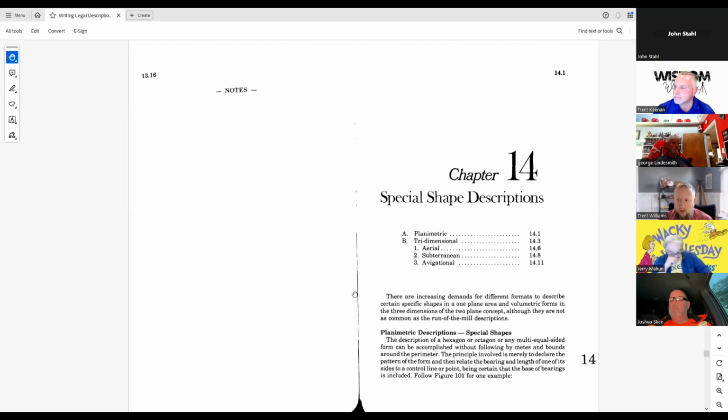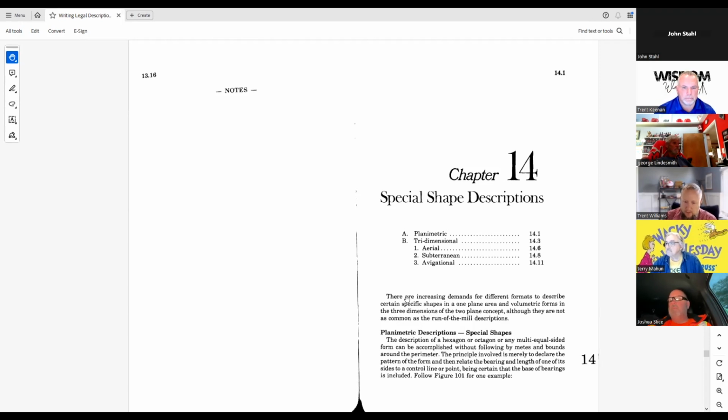I've done some descriptions of a local airport here, but they're usually just utility centerline descriptions. And other than doing a condo plat that has some dimensional aerial type layout on the plat itself, this is all new to me. So we'll go through this and see what thoughts you guys have.